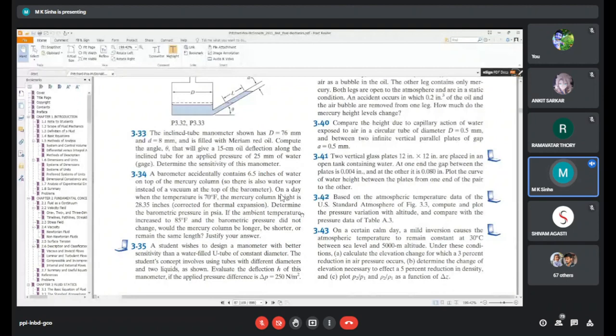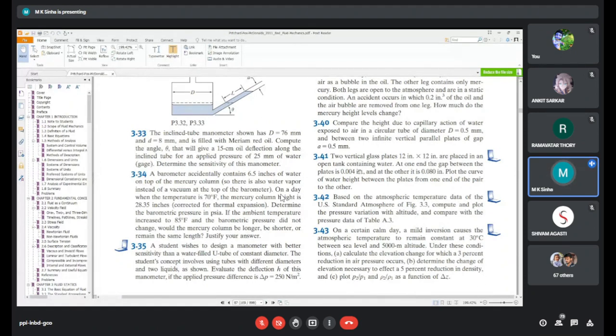A student wishes to design a manometer with better sensitivity than a water-filled U tube of constant diameter. The student's concept involves using tubes with different diameters and two liquids as shown in the figure.